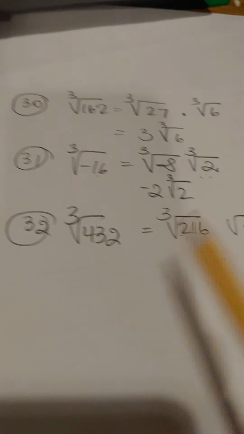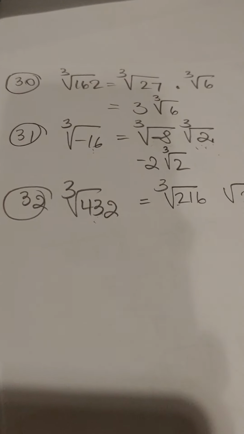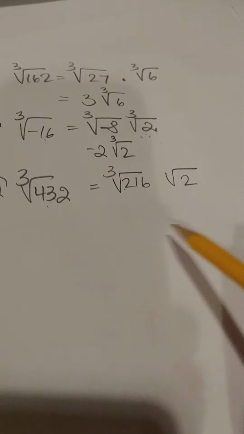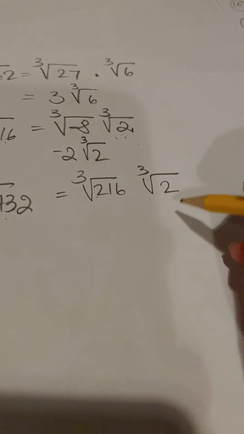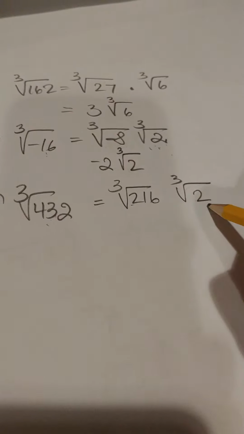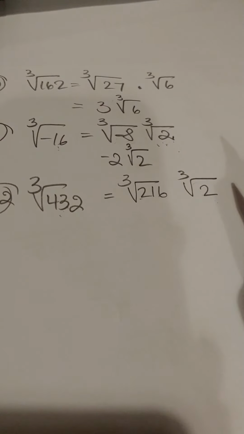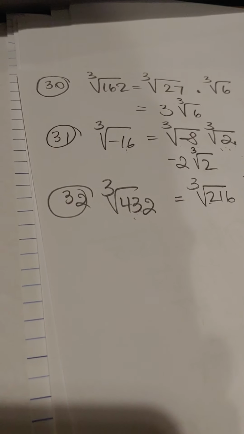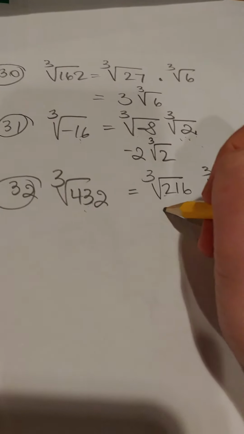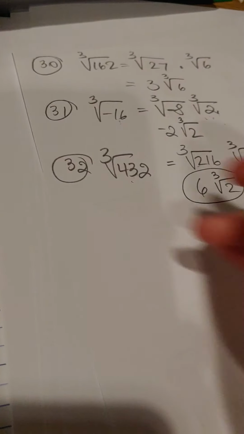So the key is that you just divide this number by each one of them if you don't have a feel for them yet, and then you just stop at some point, when you cannot break this number any longer. So cube root of 216 is 6. And this part is just left alone.